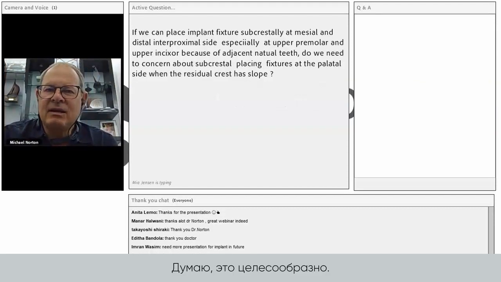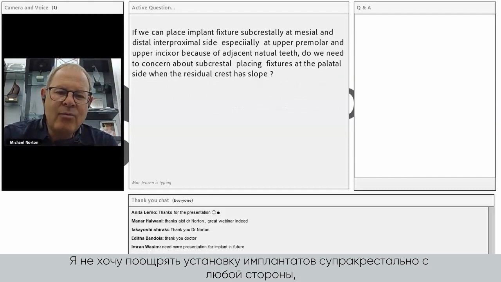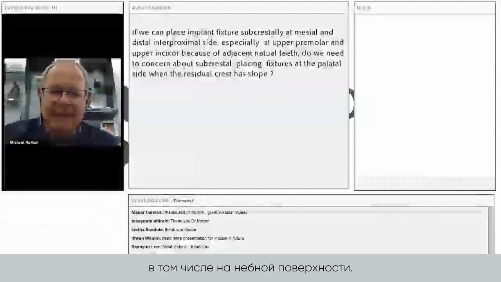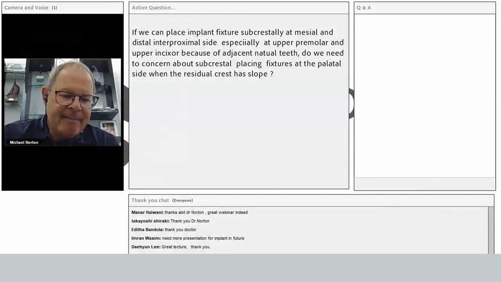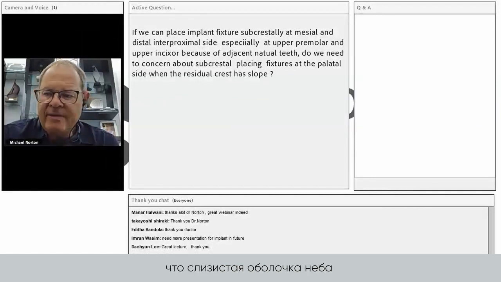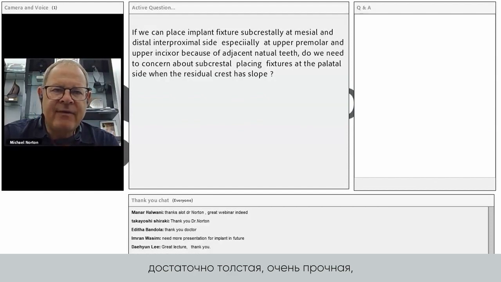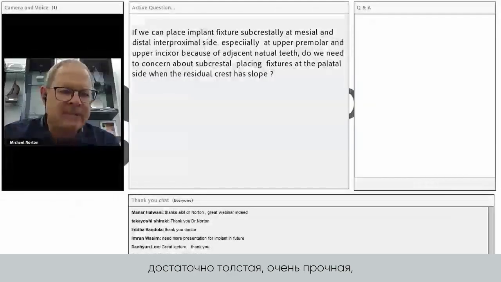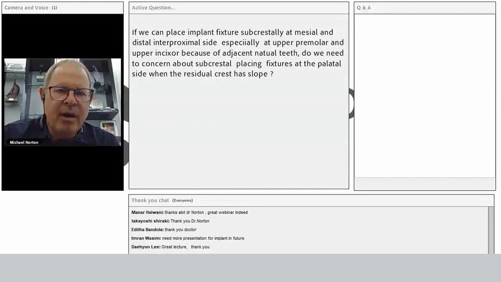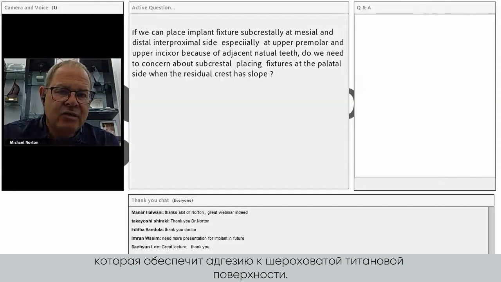I think it's advisable. I don't want to encourage placing implants supracrestal at any side, including the palatal side. But, and it's a very cautious but, the mucosa on the palatal side is very thick, very robust, with a very thick connective tissue compartment, which itself can adhere to the rough titanium surface.